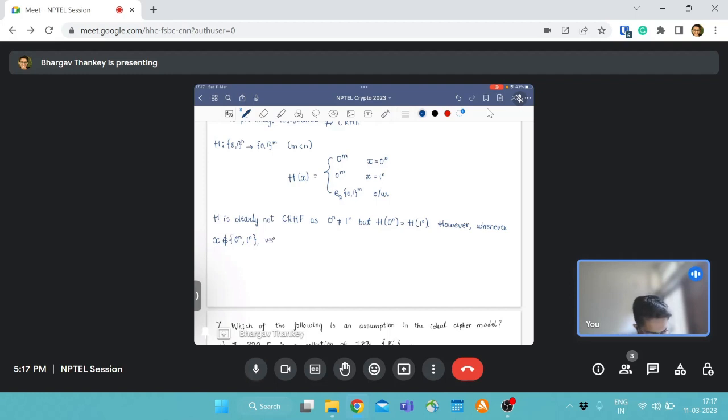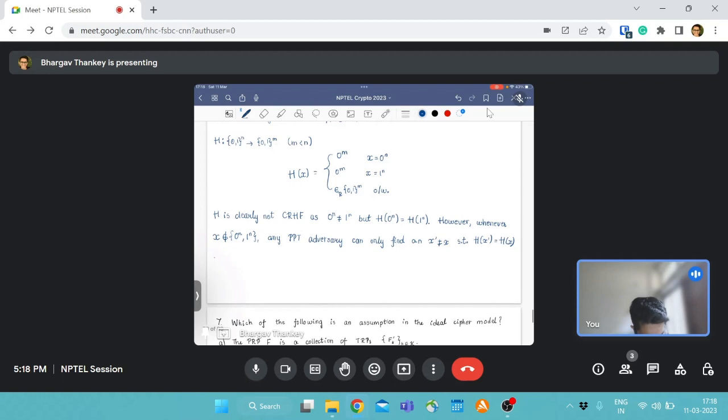So any PPT adversary can only find x' not equal to x such that H(x') is equal to H(x) with probability 1 over 2^n, which is negligible in n as long as n is polynomial, right?